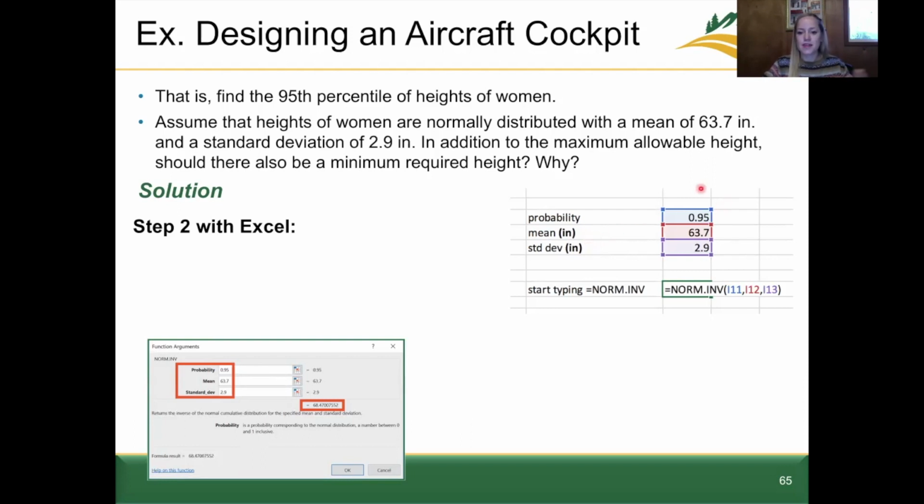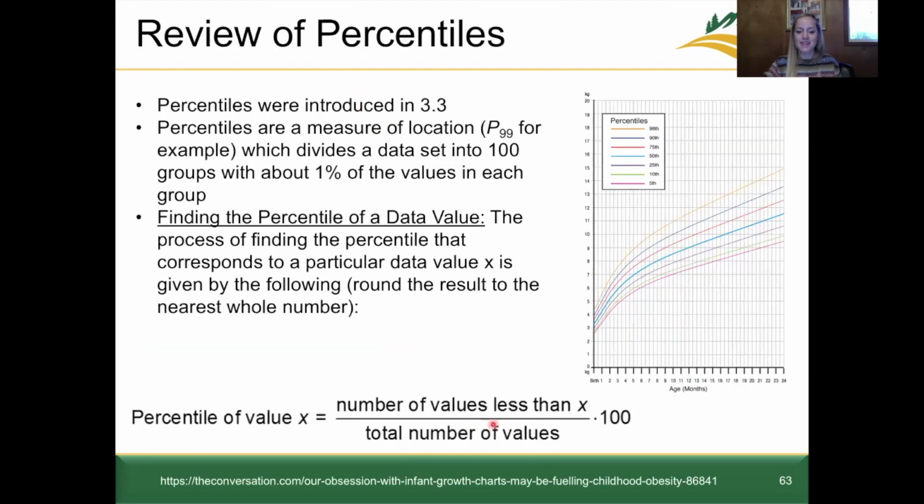Keeping in mind when I type these things into Excel, the reported value is going to take into account that 0.95 is the cumulative area from the left. And it is in this case, because we're looking at the 95th percentile of heights of women. Based on the definition of percentile, going back to this equation, we're finding the number of heights less than a given height. We don't know that value yet.